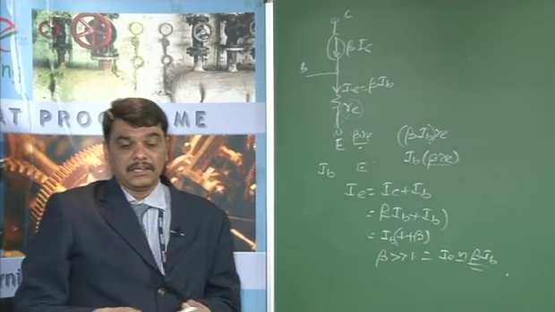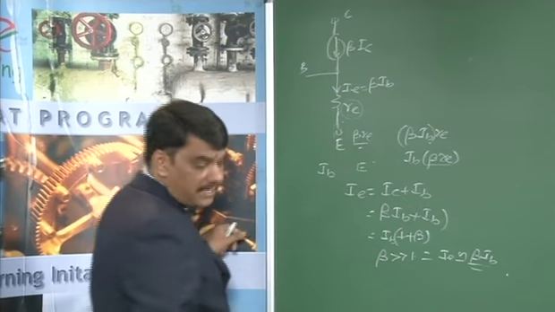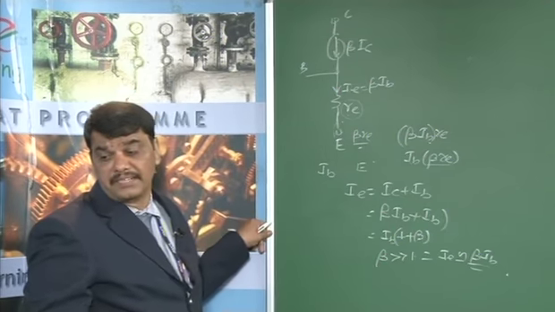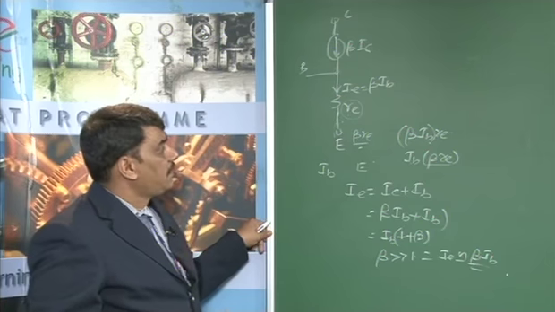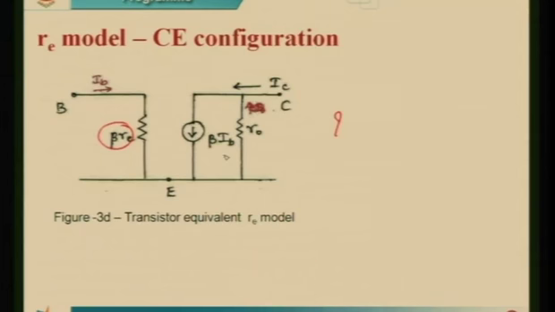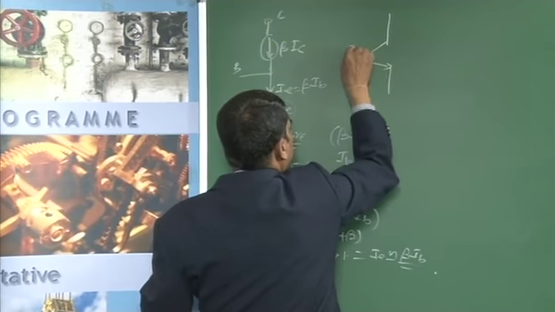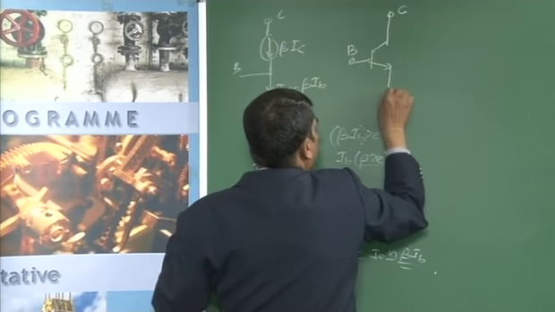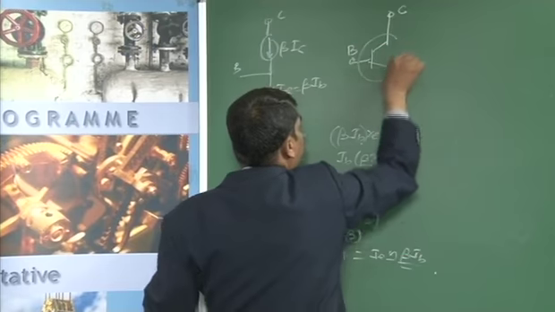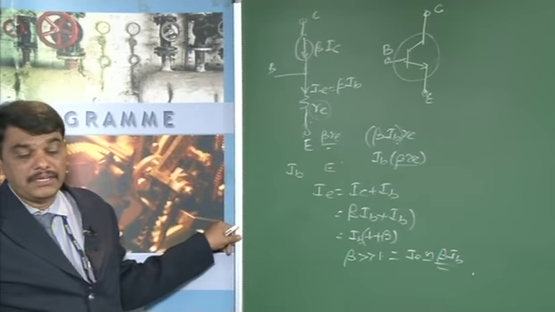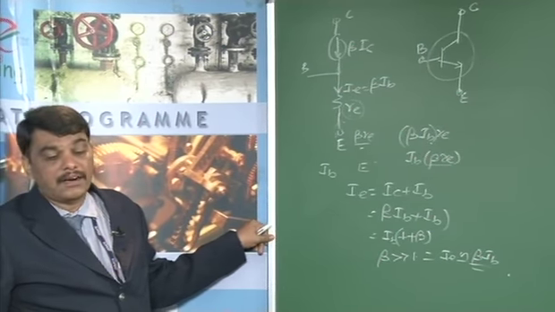If a transistor is replaced with this equivalent model, compared to figure 3c, which is complex, then in the case of a common emitter configuration, the transistor with base, collector and emitter can be replaced with that shown in figure 3d of an RE model.